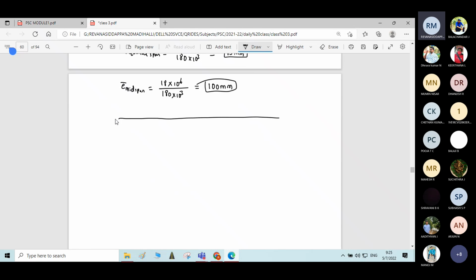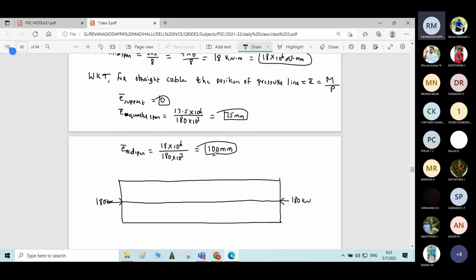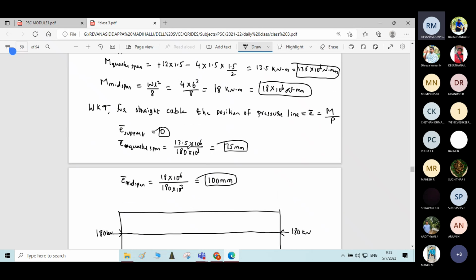This is the longitudinal section. So we have the concentric cable, which carries pre-stressing force of 180 kilonewton. Now at quarter span, what is the eccentricity?